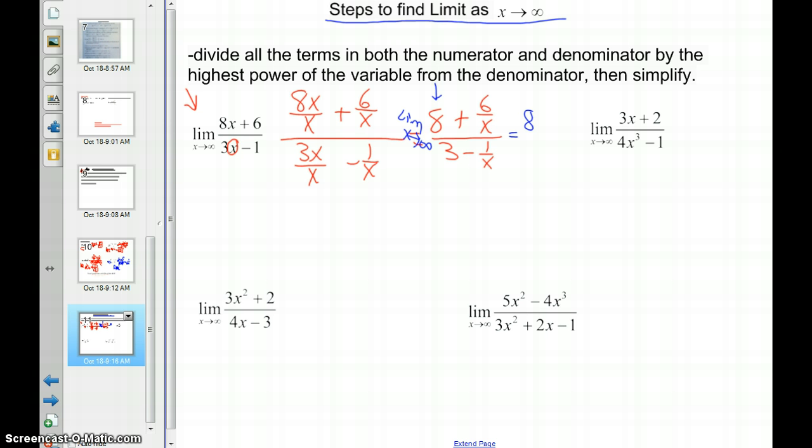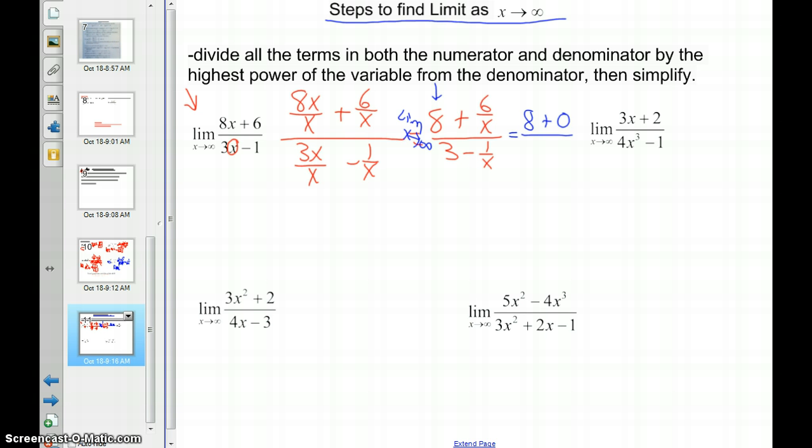As these x values get really large, we're taking 6 and dividing it by a bigger and bigger number. 6 divided by 10 is 0.6. 6 divided by 1,000 is 0.006. And then it just keeps on getting smaller and smaller, but it's going towards 0. The larger the x value is, the closer 6 over x gets to 0.